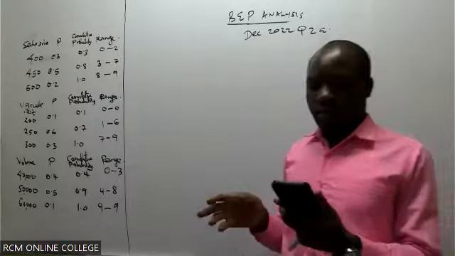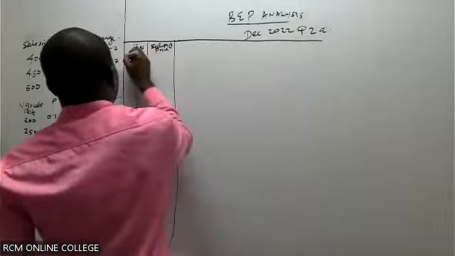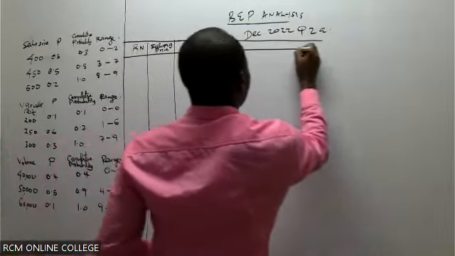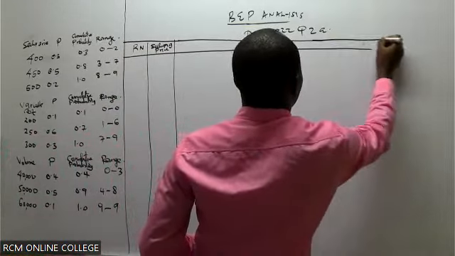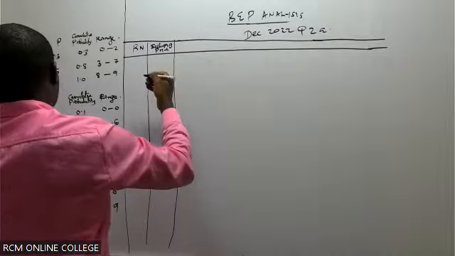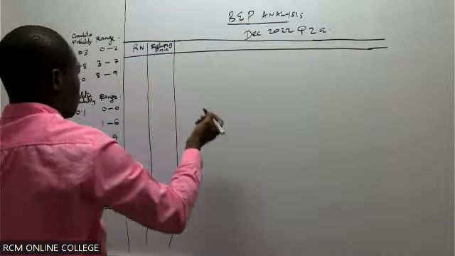We get the selling price. This selling price you need to multiply, or you need to deduct the variable cost here for you to be able to get contribution margin.